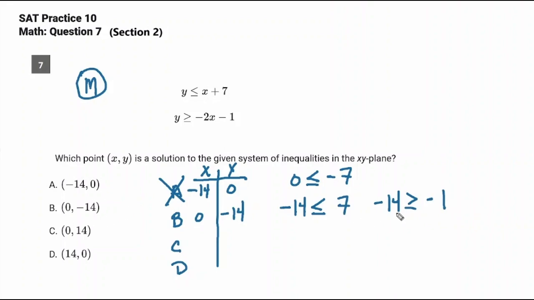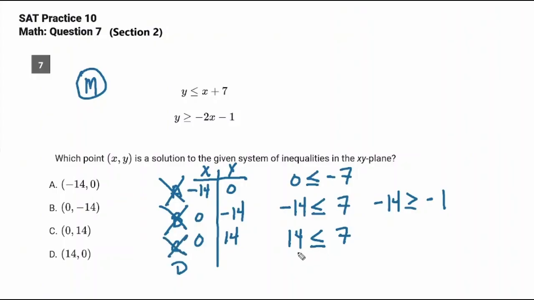Is this true? No, negative 14 is not bigger than negative 1, so it's gone. All right, C, 0, 14. This time y is 14. 14 less than or equal to x is 0, so 0 plus 7. 14 less than 7? It's not, so that's gone.